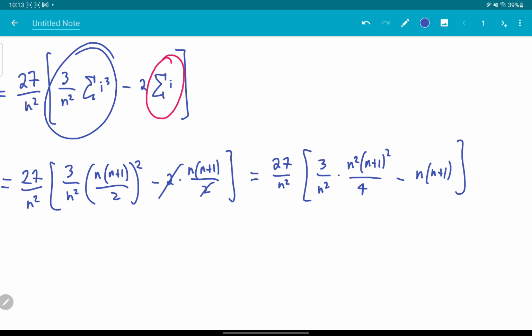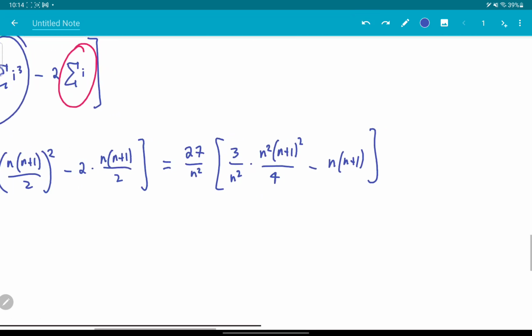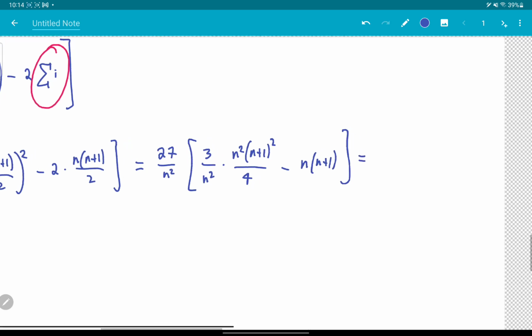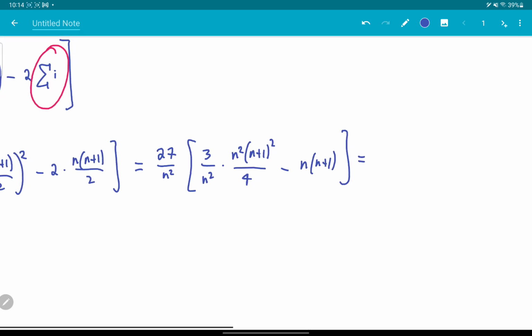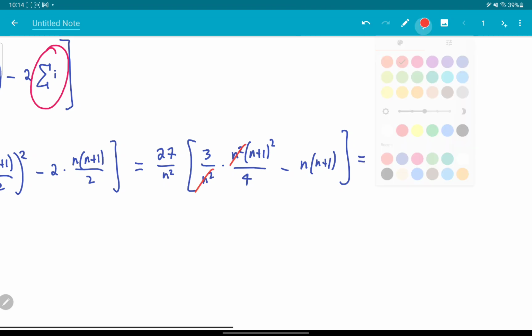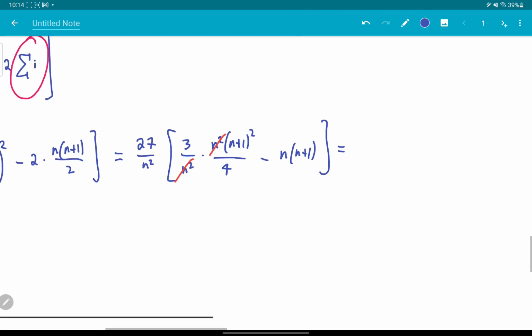And this 2 cancels with this 2. And I applied this square. Next. Got a cancellation.